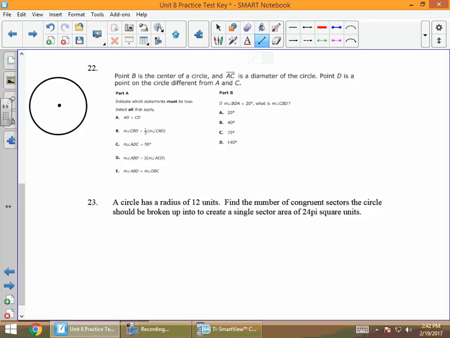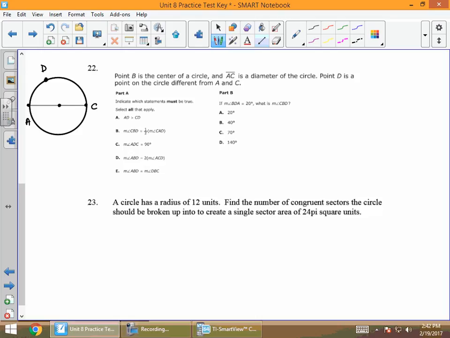And it says AC is a diameter. So we'll call this one over here A. Call this one over here C. So AC is a diameter. And point D is on the circle somewhere, not at A or C. So I don't know where to put it. I'll just arbitrarily put it anywhere I want right now.